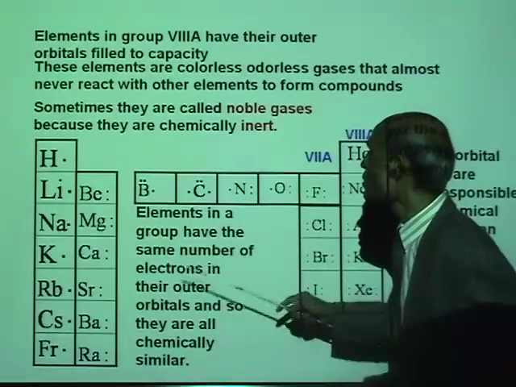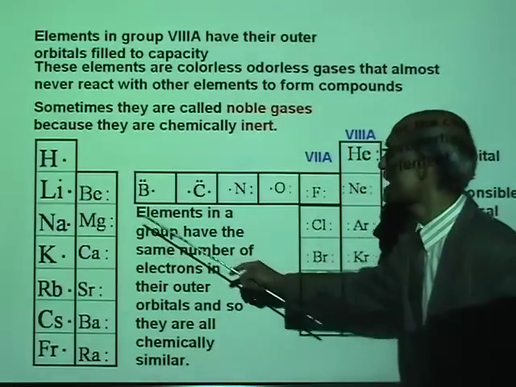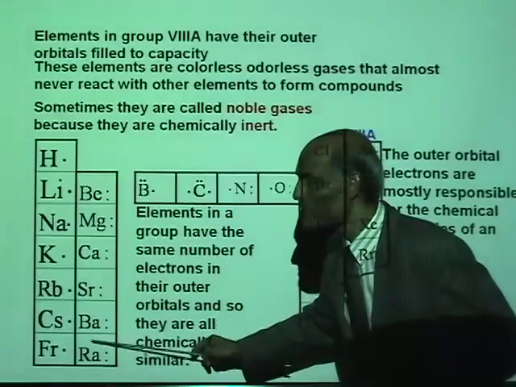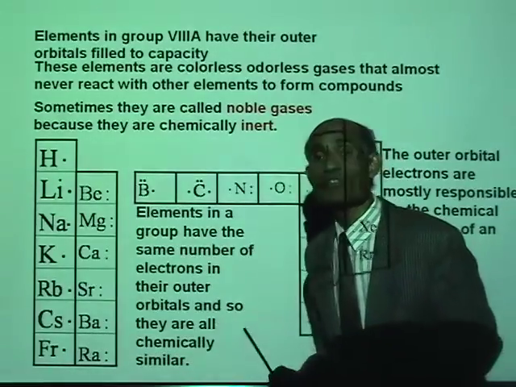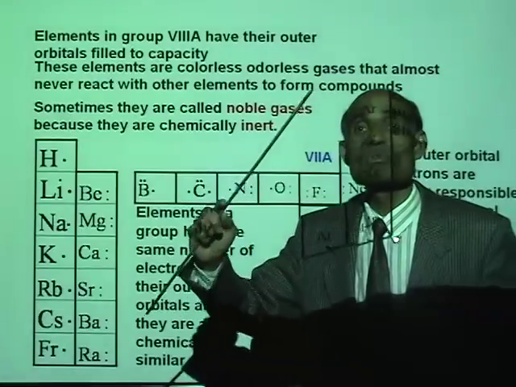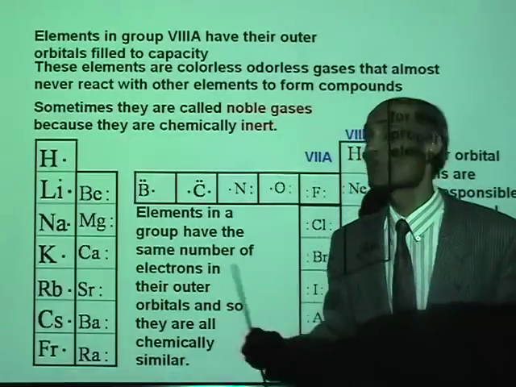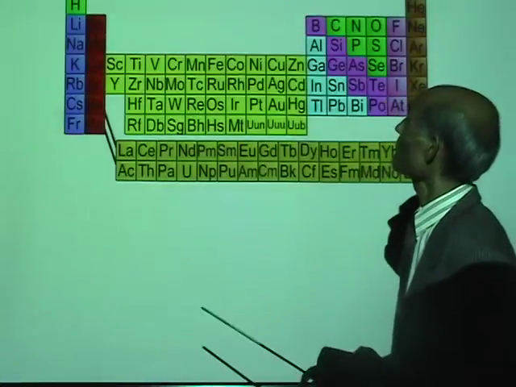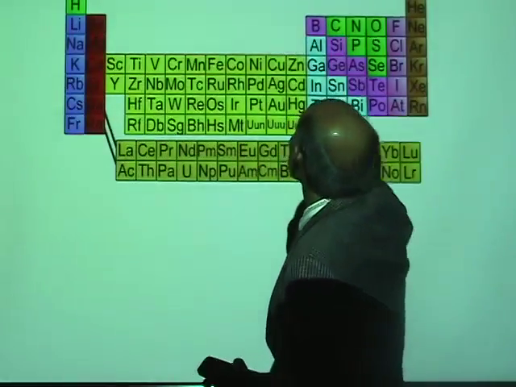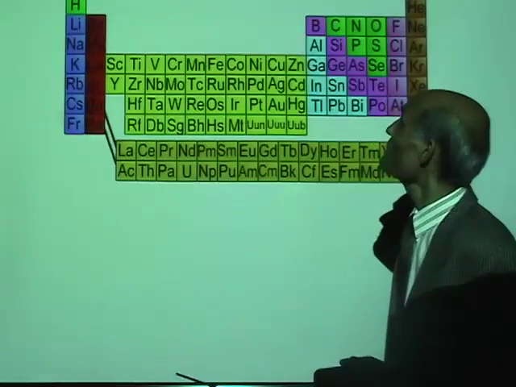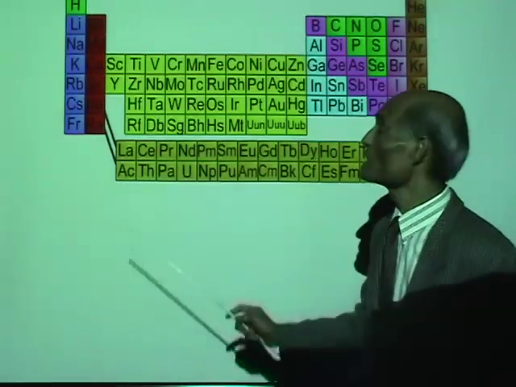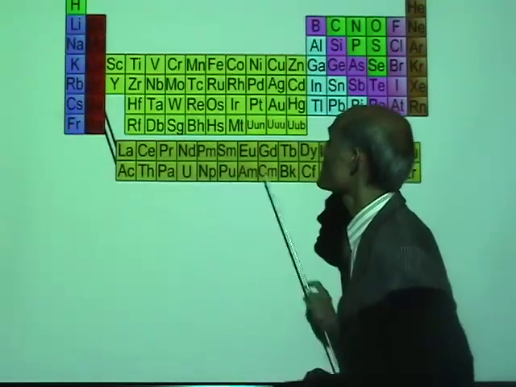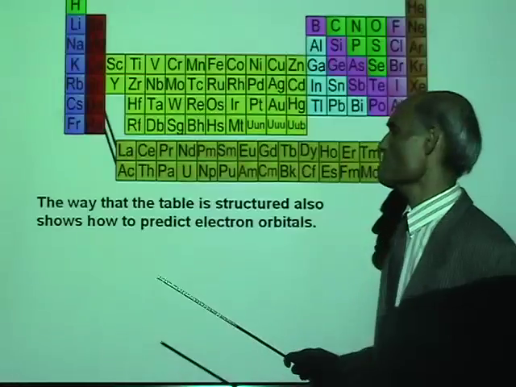So elements in a group have the same number of electrons in the outer shell, and therefore they are all chemically similar. Elements that have the same number of valence electrons, the number of electrons in the outer shell, are chemically similar. Now, here I have given you a table with all the elements and their symbols. Now, the groups I'm talking about, A group, B group, C group, you don't need to worry much about it.